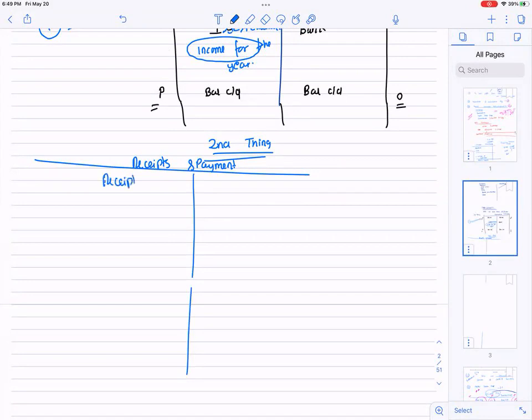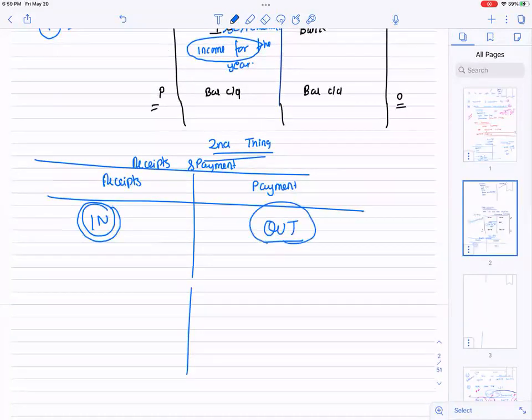On this side, you will have receipts, and on the right side, you will have payments. Whatever money the club has received will come on the receipt side. And whatever money the club has paid out will come on the payment side.